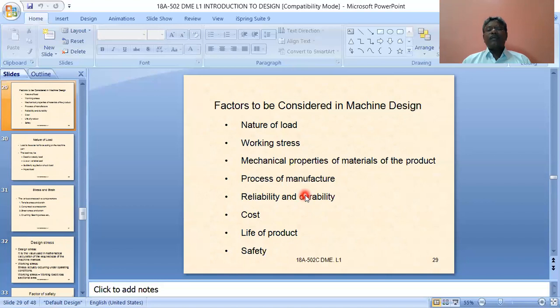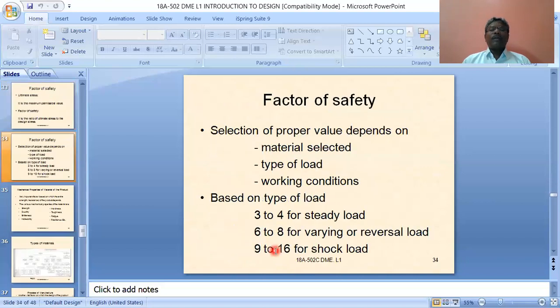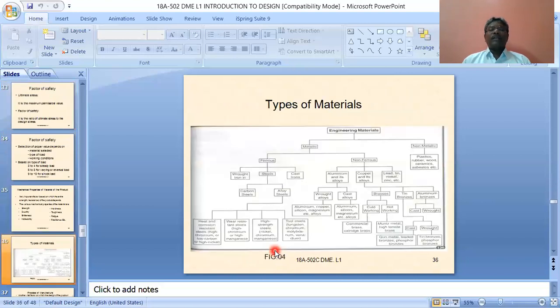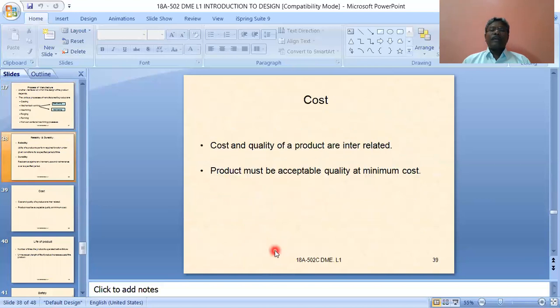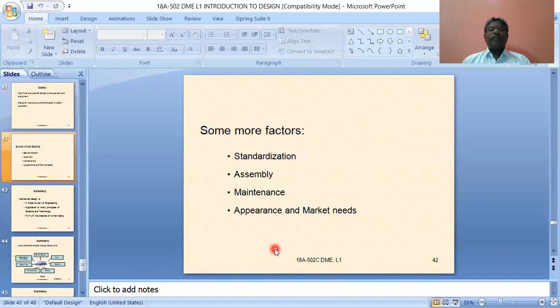In selection of materials, mechanical properties are also an important factor, and also manufacturing process, shape and size, reliability and durability, cost, life of product, and safety. These are the different factors we have to take into account for the selection of proper material and for the design of any product.